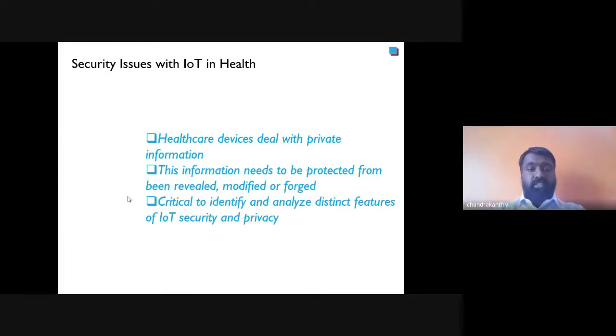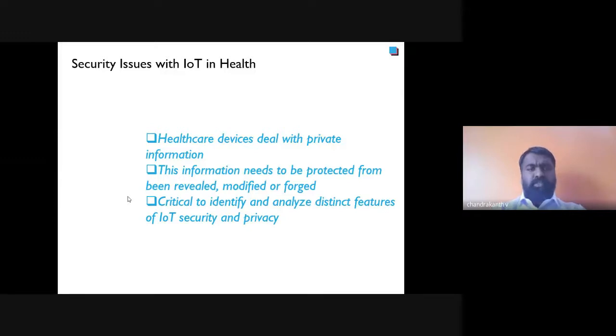Healthcare devices deal with a lot of private information, like a particular person's health condition, and there are some devices that inject medication automatically based upon his health condition. There are a lot of devices which have been implemented, and certain devices work even without the presence of a doctor.